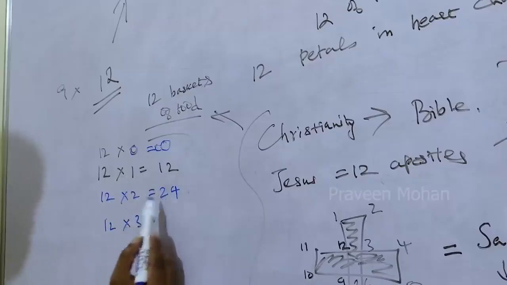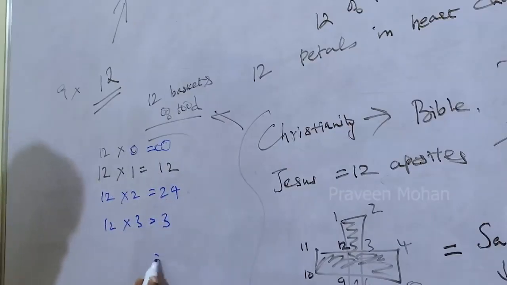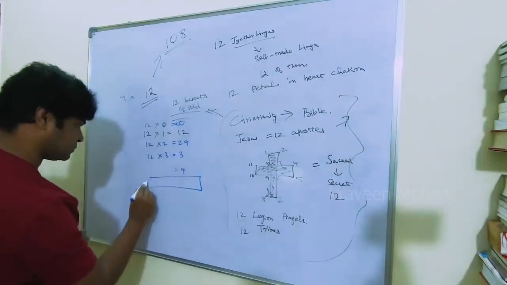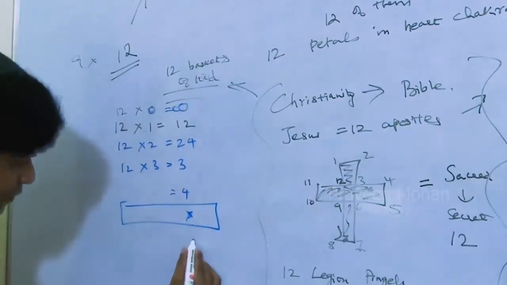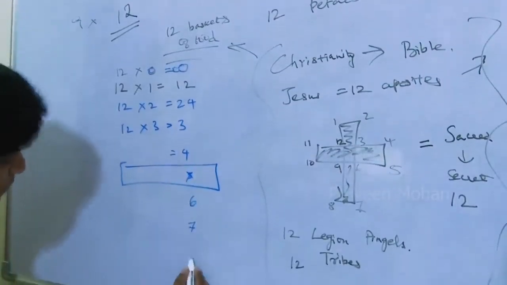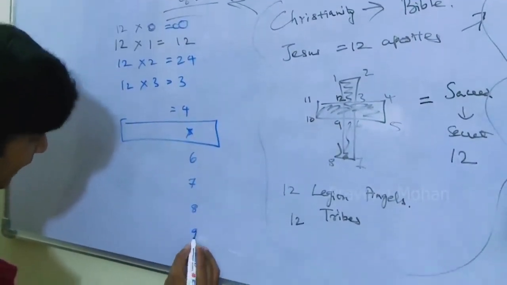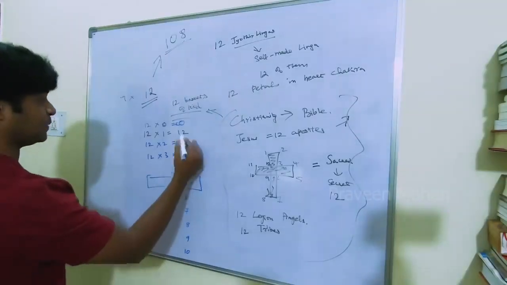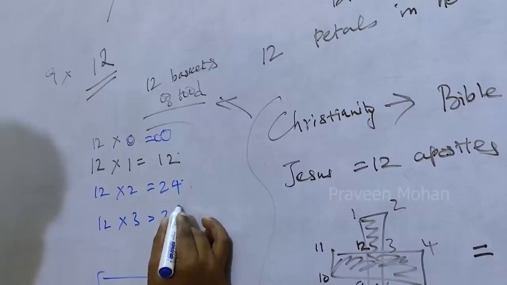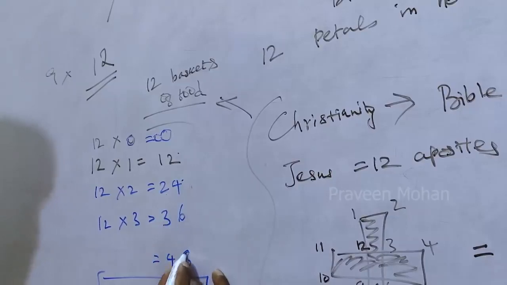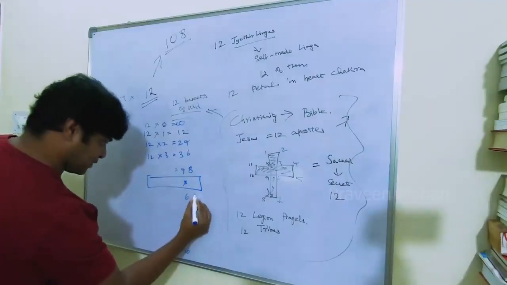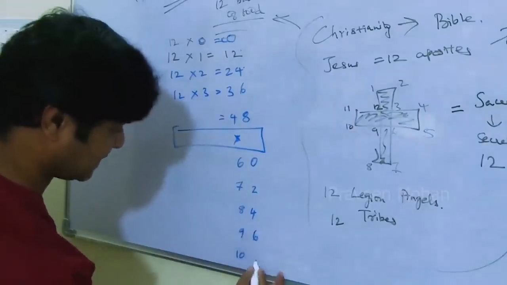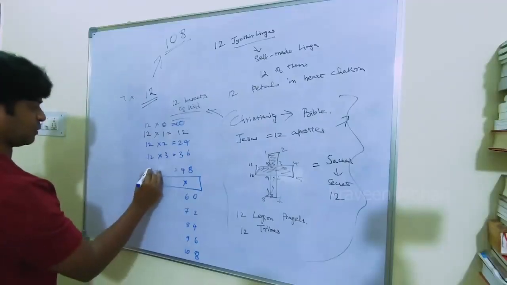So 0, 1, 2, 3, 4. And you have to ignore 5. There is no 5. And then 6, 7, 8, 9, 10. Right? And then again, there's no 11. Now 0, 2, 4, 6, 8. Again, 0, 2, 4, 6, 8. So this is the table.